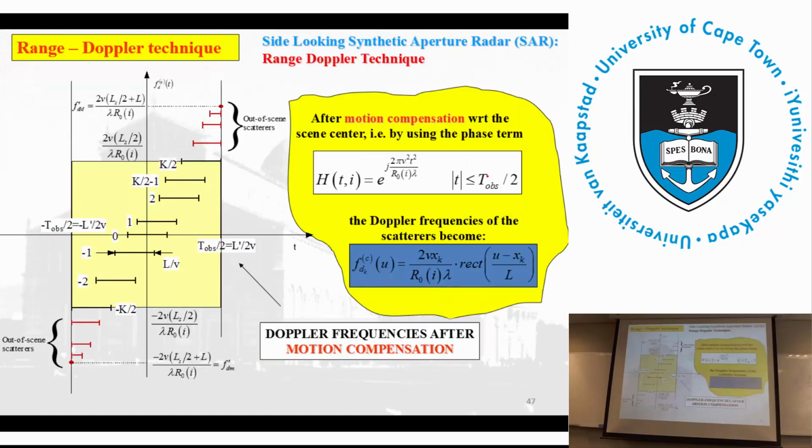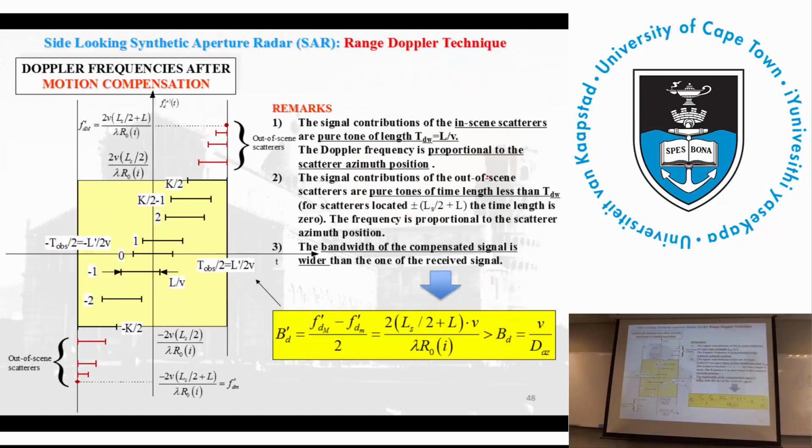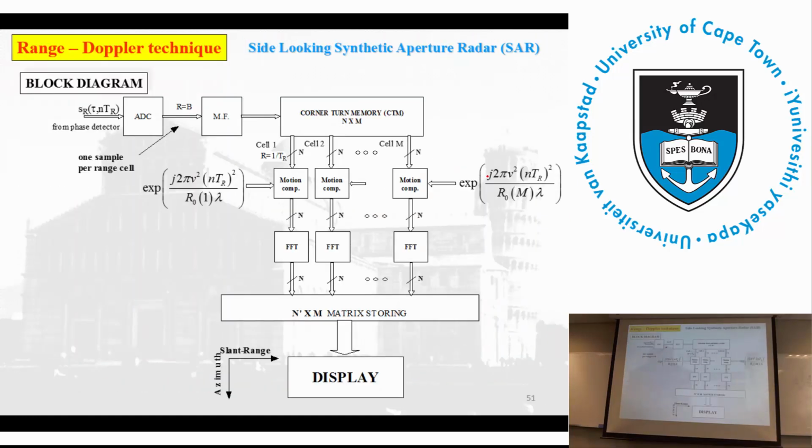All your Dopplers are now aligned. And then you perform an FFT. Your signal model at this point is this. You take an FFT of that and you obtain those sinc functions. And that's your image. And then you display it.